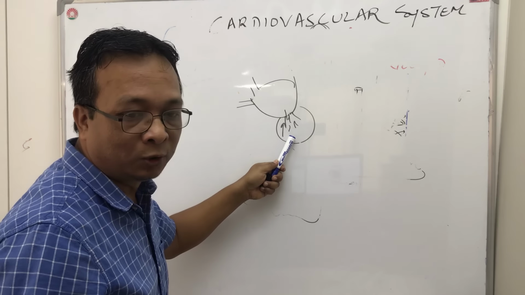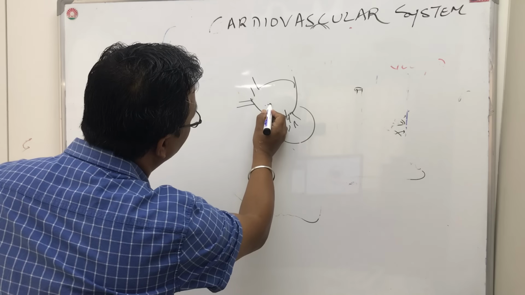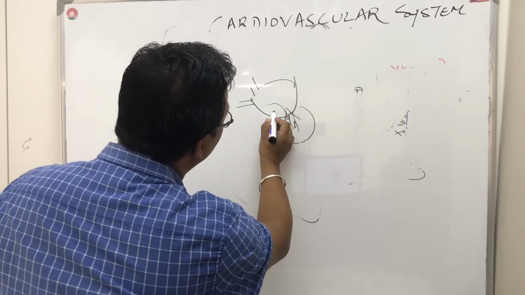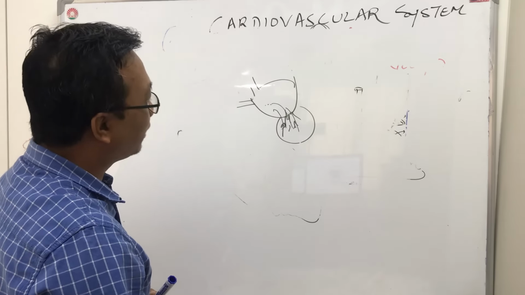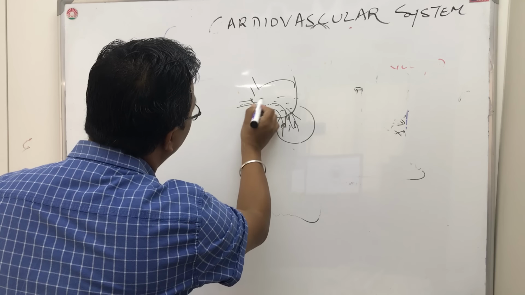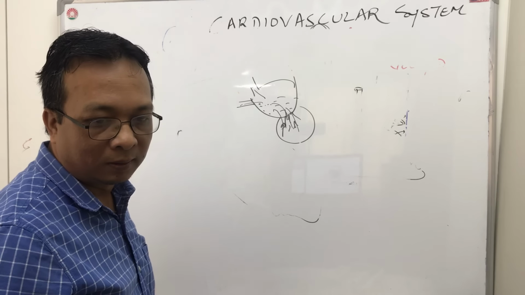That's not the issue here. The issue here is if blood is not able to empty. If the blood is not able to empty, then what will happen? Then blood will collect more, and it will give back pressure. That is the issue here.